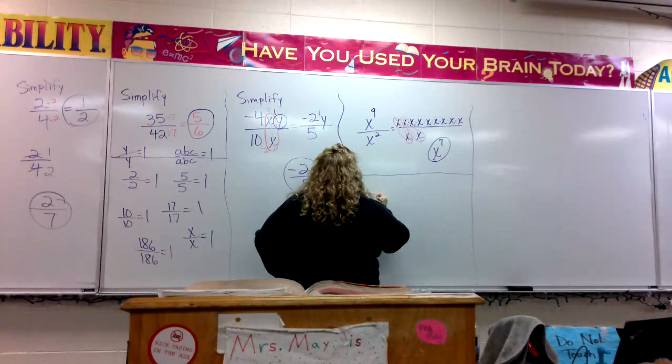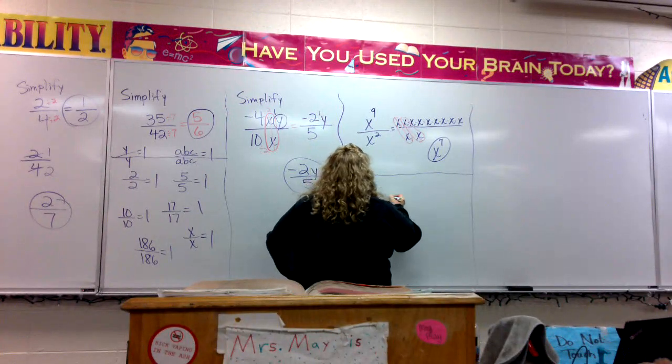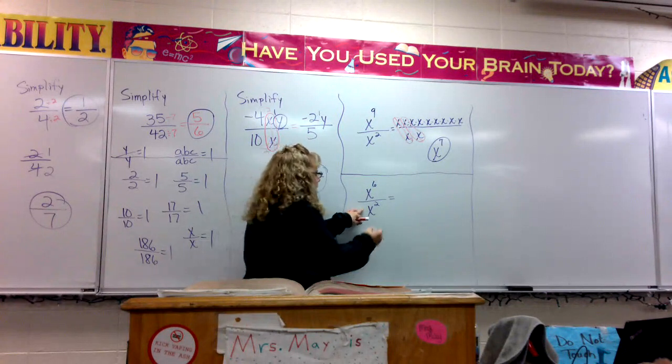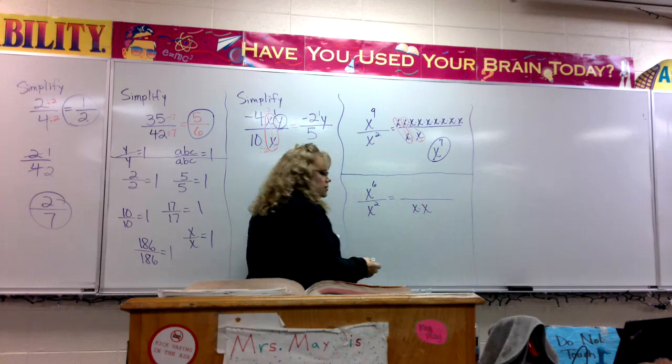What if I have x to the 6th over x to the 2nd? Same kind of thing. On bottom, x squared is x times x.